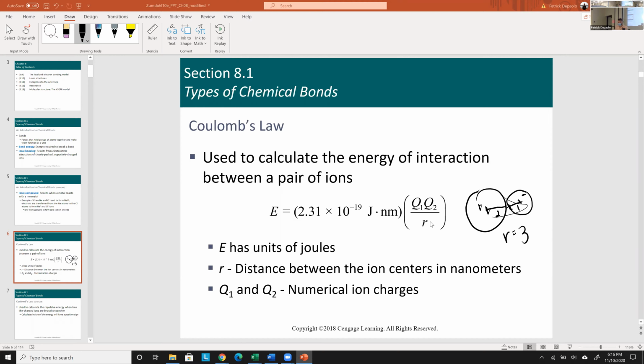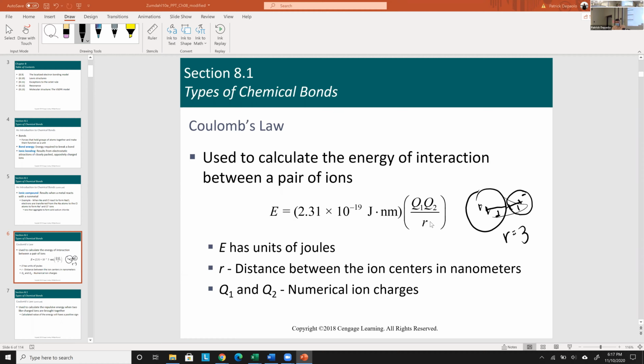If you go from doubling the radius, which would weaken the interaction, weaken the bond energy, make it less, you go from 1 to 2, you're only halving the bond energy. So what I'm trying to say is the charge takes more precedence over the radius when it comes to bond energy.